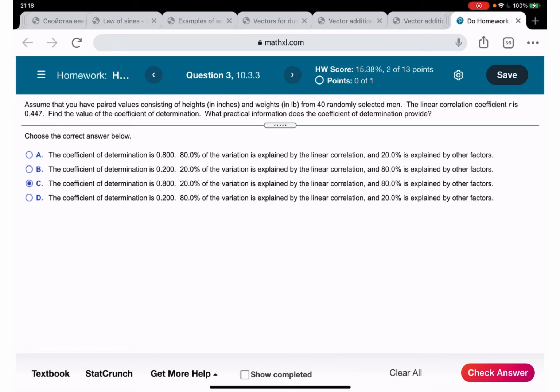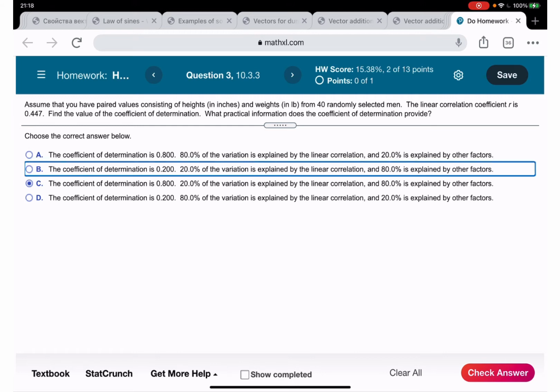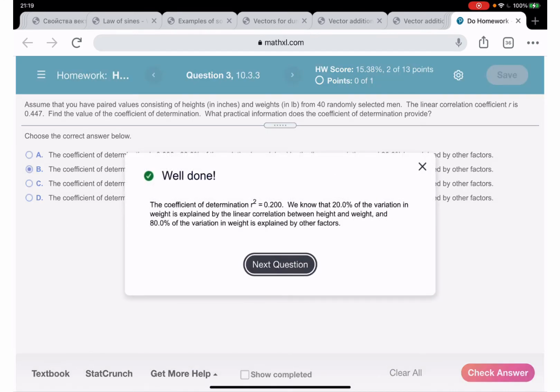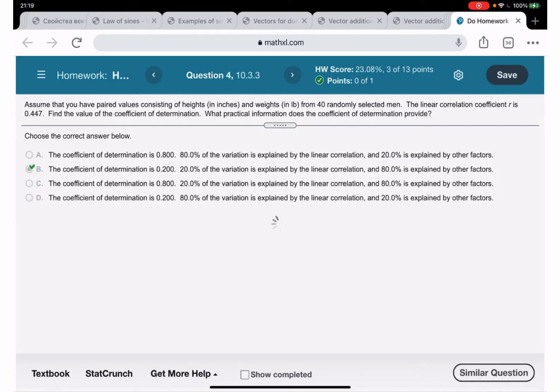So the coefficient of determination is a ratio between explained variation and total variation. The unexplained by others is 80% of the total. Okay, let's check. Well done. Next question.